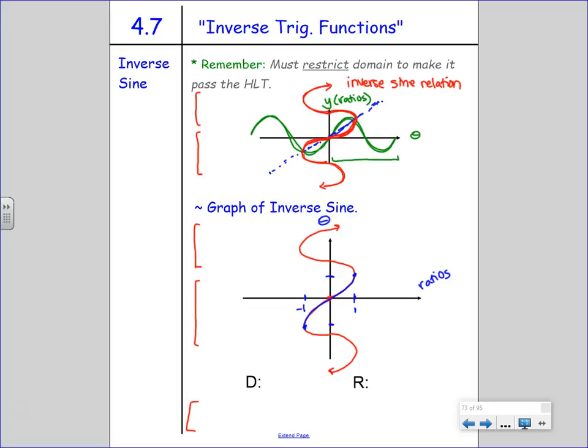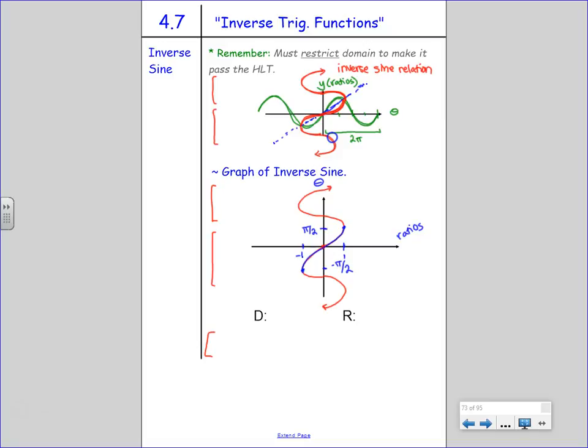What's its period normally? 2 pi. So if that's 2 pi, then who's that? 1 pi. 1 pi, and who's that? Half pi, and that's 3/2 pi, right? So then we can say, how high does this little inverse guy go? Pi/2. And guess, because of the symmetry, how low will he go? -pi/2. And that gets us to our domains and ranges for inverse sine.